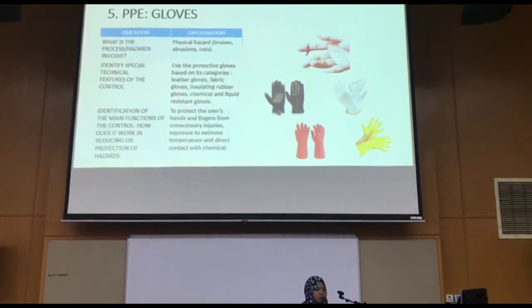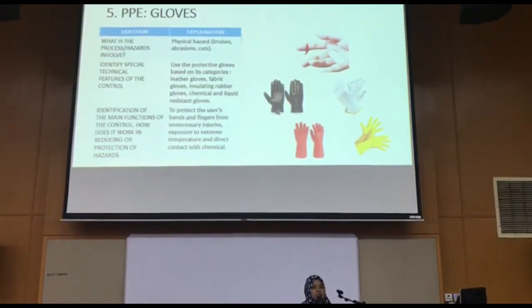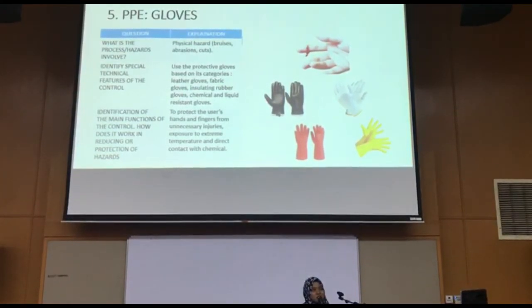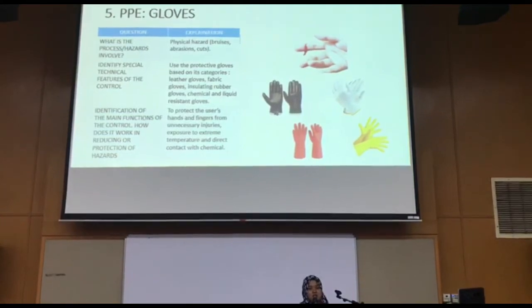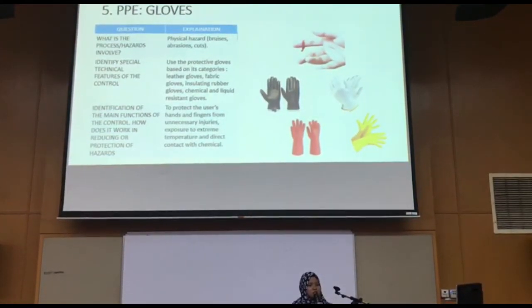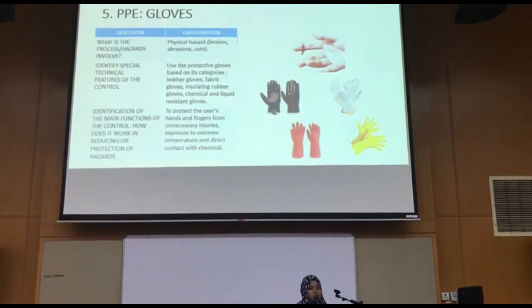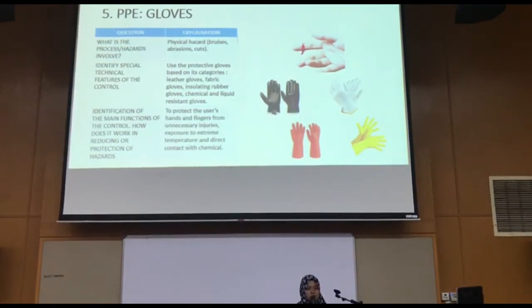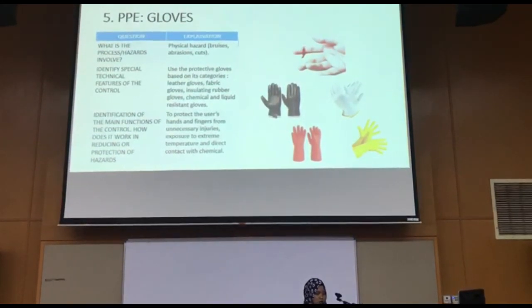But we also need to consider the thickness of the gloves. For example, we need to differentiate the thickness of the gloves when we need to immerse a part of our hands or the whole of our hands in the chemicals.